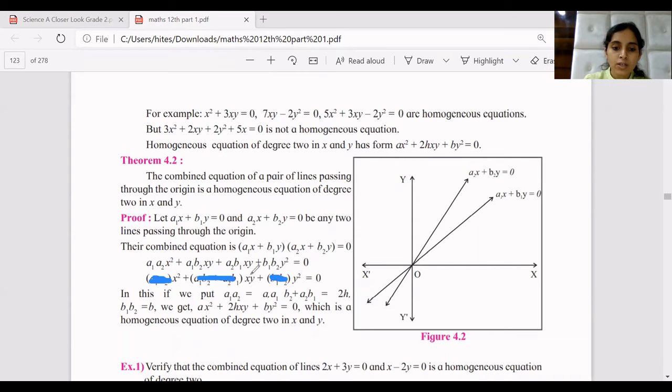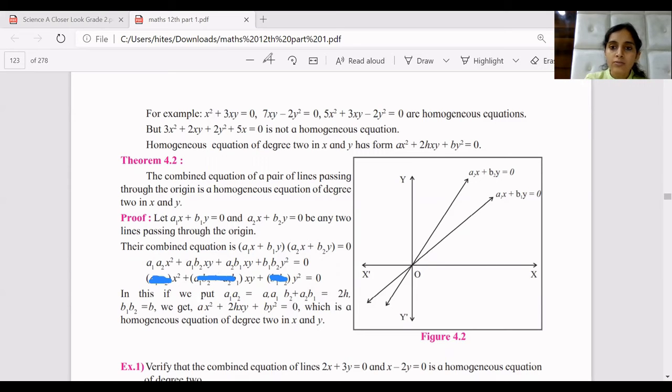It is 2. Second term 2, and third term 2. So what does this theorem say? The combined equation of a pair of lines passing through the origin is a homogeneous equation of degree 2 in x and y. Is that true? Degree 2, yes. Is it in x and y? Yes. That's what we had to prove in the theorem.